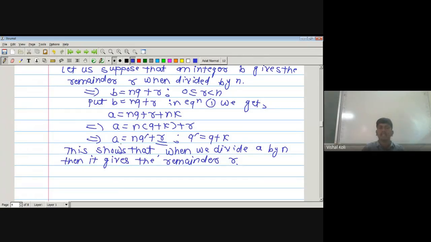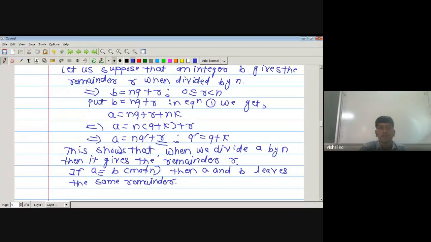Therefore here the remainder of a and b is same. So if a is congruent to b modulo n, then a and b leave the same remainder. Okay, so first part will be proved.